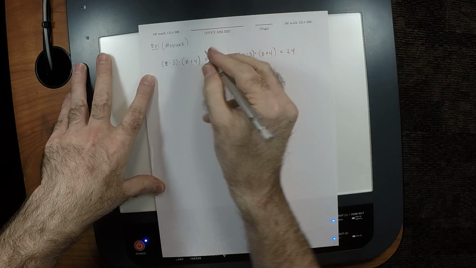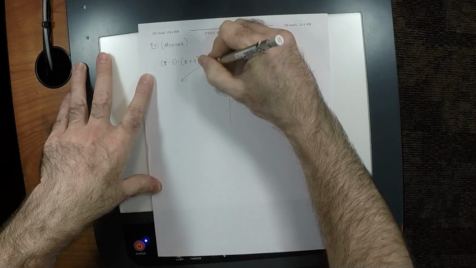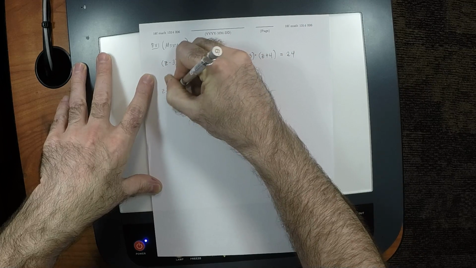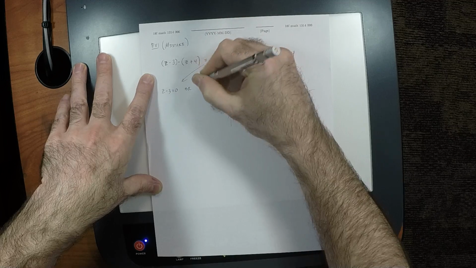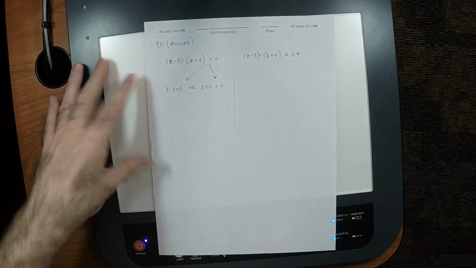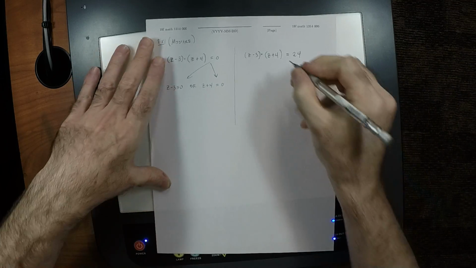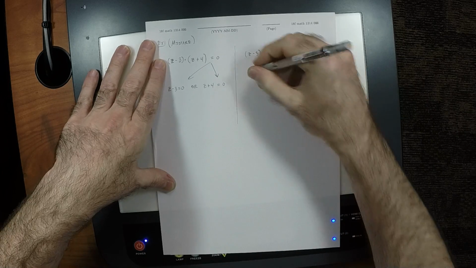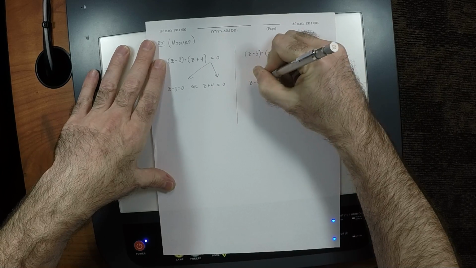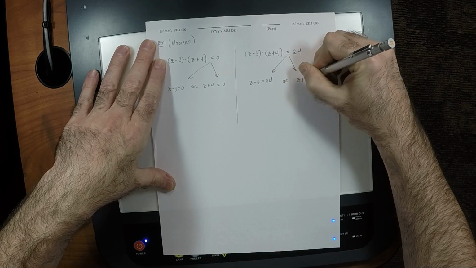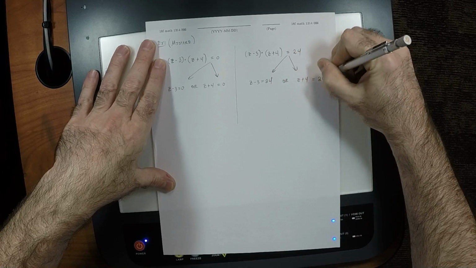Okay. So from here you could say, well, the equation splits into two pieces. Either z minus 3 is 0 or z plus 4 is 0. And then here, maybe you could say something like, okay, because the product of those two factors is 24, either z minus 3 is 24 or z plus 4 is 24.